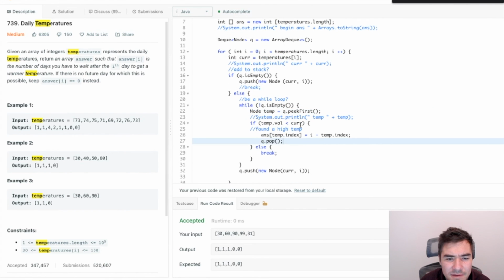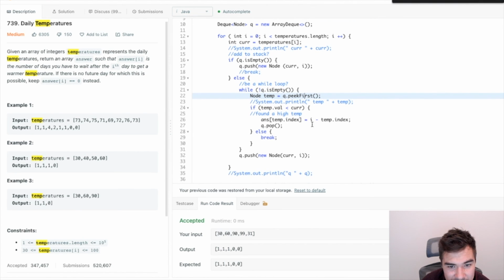Did I? Okay. Yep, I did delete something. Sorry about that. Okay, so node temp is what we're peeking. So we peek at the first element. So that's just reading the first element off the stack.